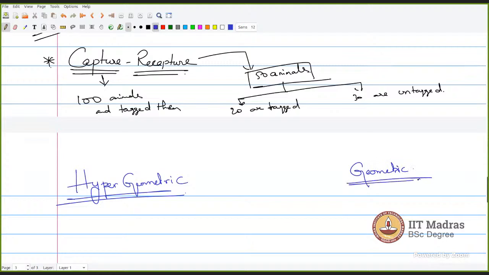Not the PDF I want. What is geometric distribution? When do we apply geometric distribution, or what sort of experiments fall under geometric?